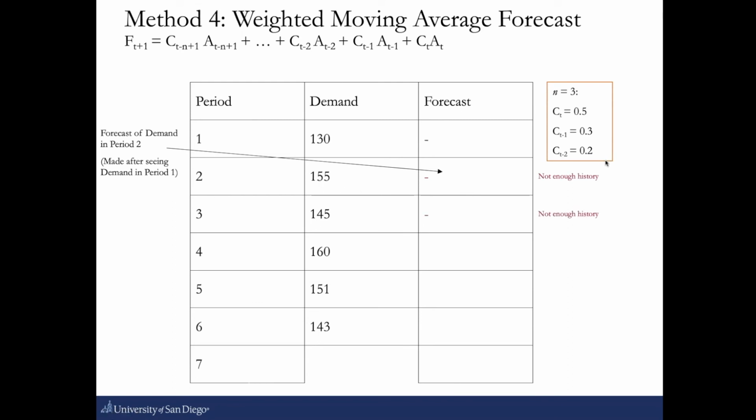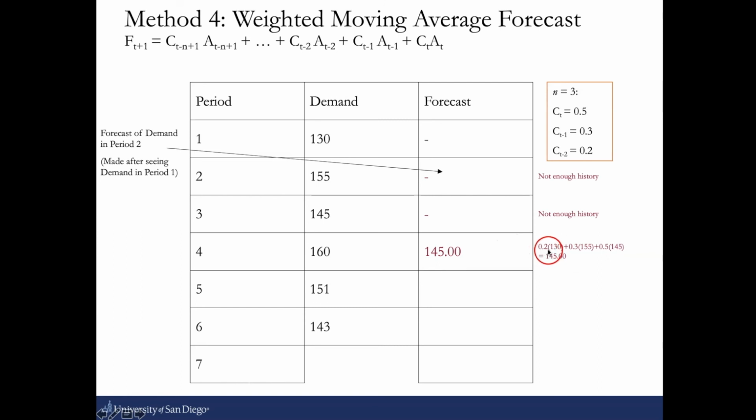And given that n equal to 3, same as before, I need 3 observations to initialize this method. Once I've done that, I can calculate the forecast value for period 4 based on period 1, 2, and 3.